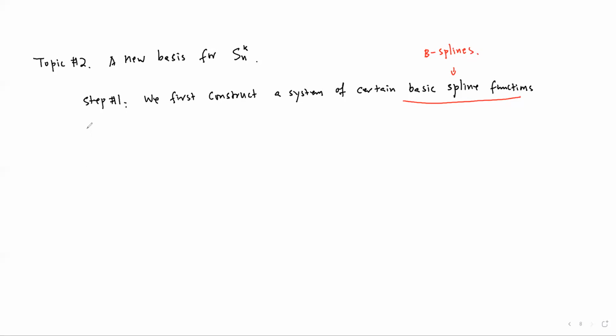Then step 2, construct a new basis for S and K from the B-splines. 2 steps.